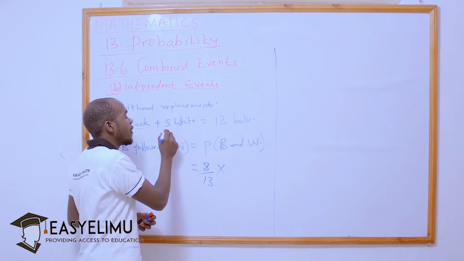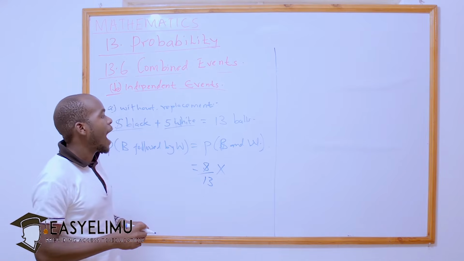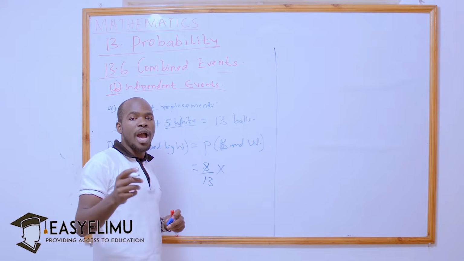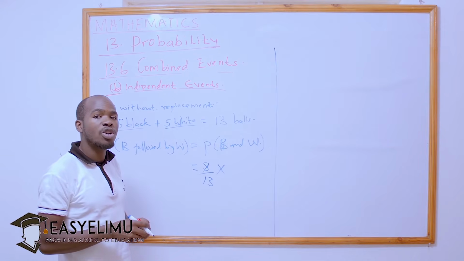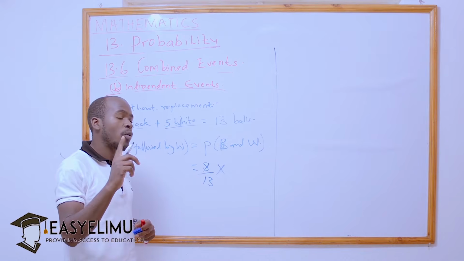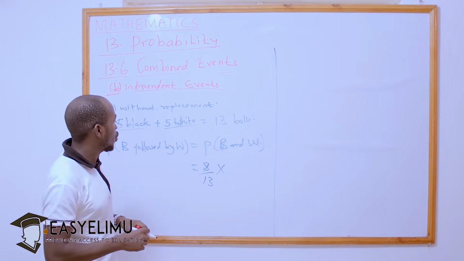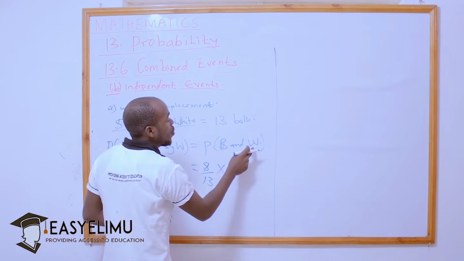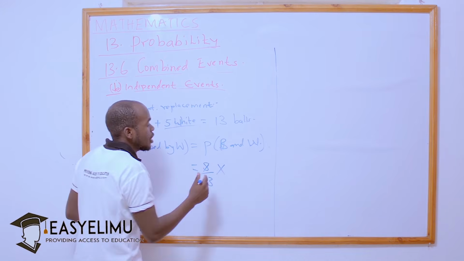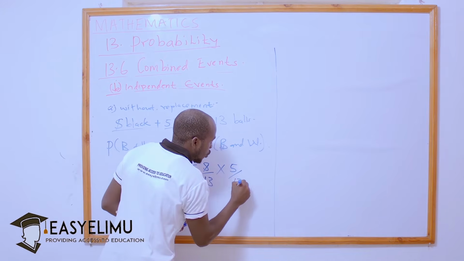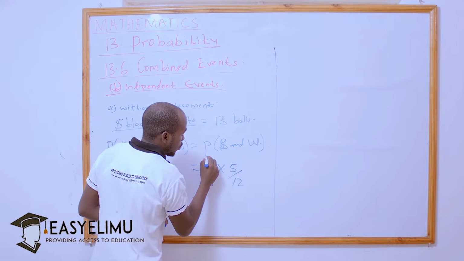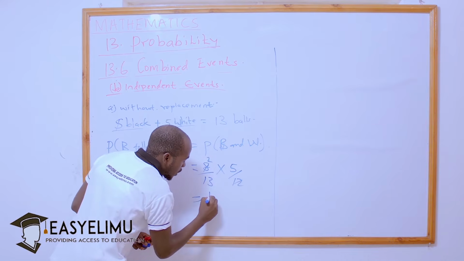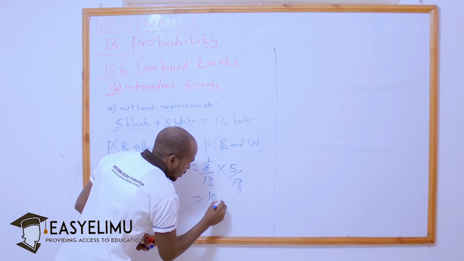Since we have 5 white balls in the bag, and we have already picked 1, which was black, the total number of balls in the bag has reduced by 1 to become 12. So the probability of picking a white ball will be 5 over 12. If you do that, this is going to give you 10 over 39.